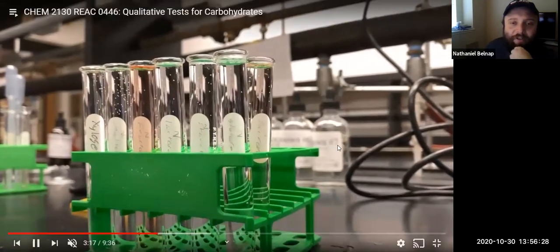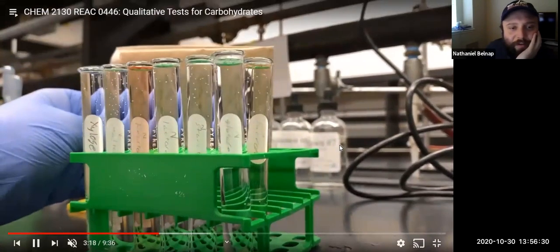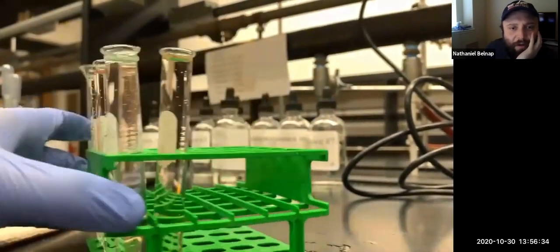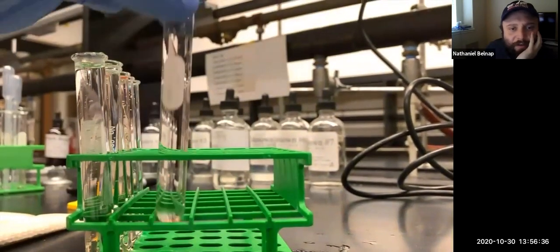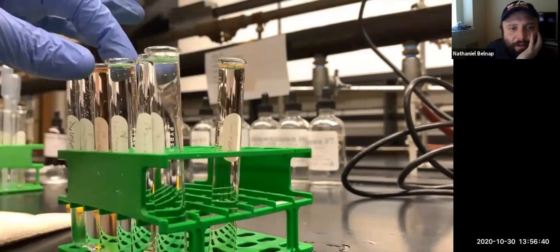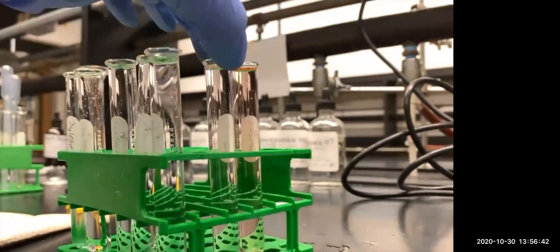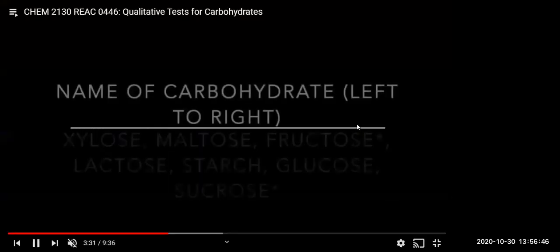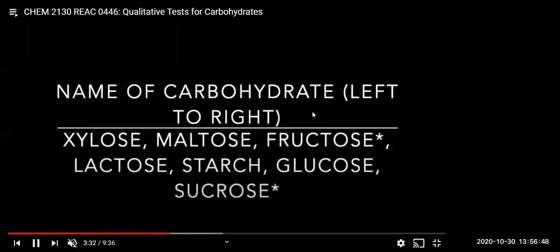So yeah, you guys had mentioned something about whether it turned cherry red or brown, and if it was an aldose or a ketose. Lauren, I think you were saying that. Yeah, it's supposed to turn cherry red if it's a ketose, and blue green, then peach if it's an aldose. Okay.